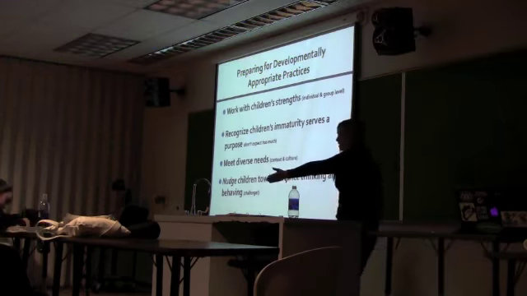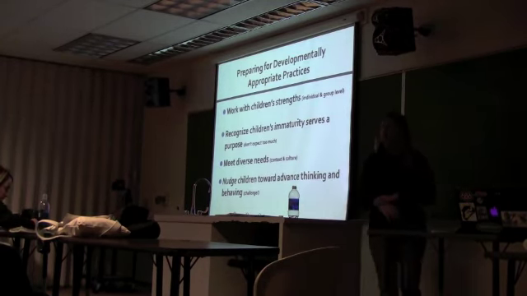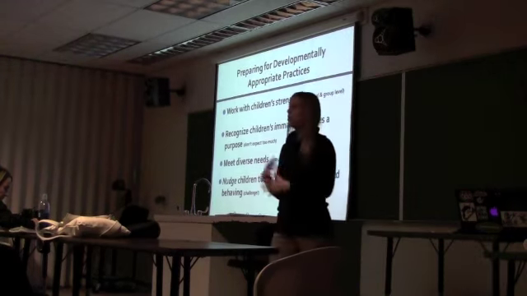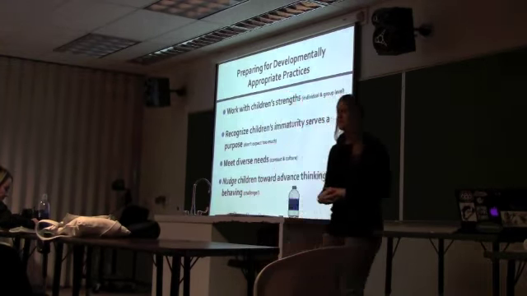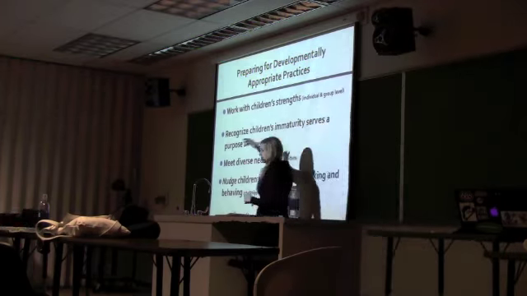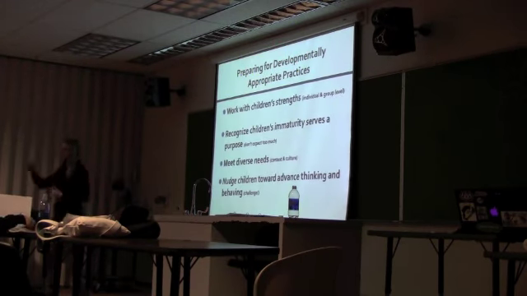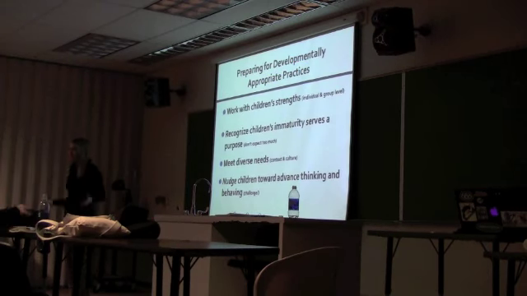And this is something that Tess said. You want to work with children's strengths. Find out what they're good at, also their weaknesses. And you won't be able to identify those if you don't know the norms. If you don't know the normative development, it'll be difficult for you to understand what they're good at, what they're bad at, what's normal, what's not normal.